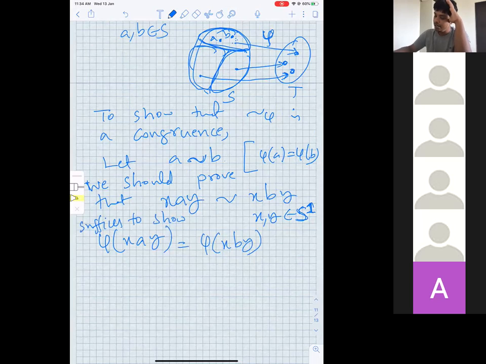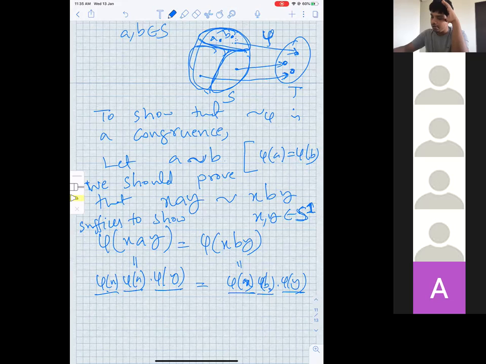Now, phi of XAY equals phi of X times phi of A times phi of Y, and phi of XBY equals phi of X times phi of B times phi of Y. These are equal because phi of X is the same as phi of X, phi of A is the same as phi of B, and phi of Y is the same as phi of Y. So these two terms multiply to the same element in T. Therefore, this tilde is a congruence.